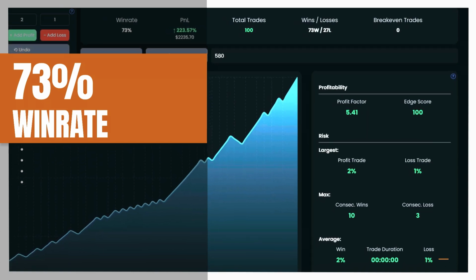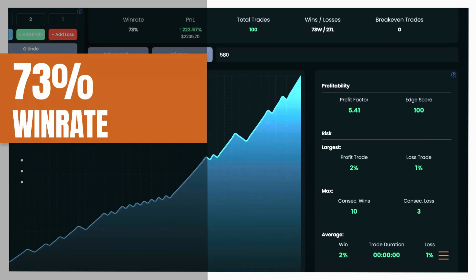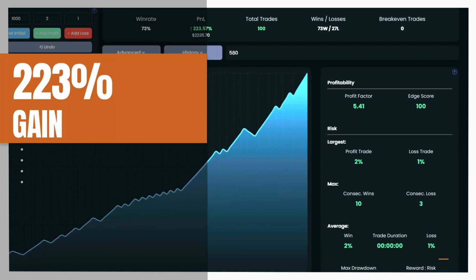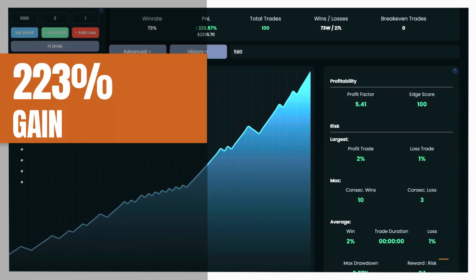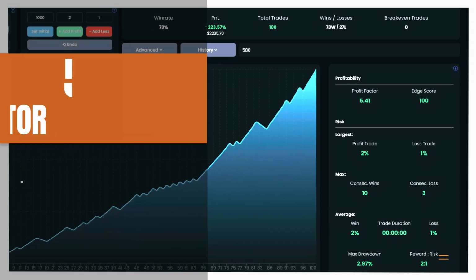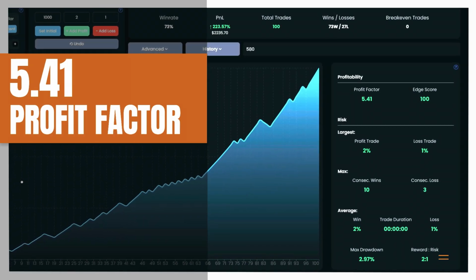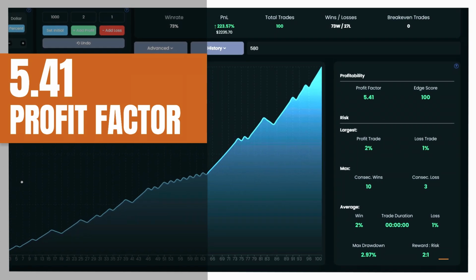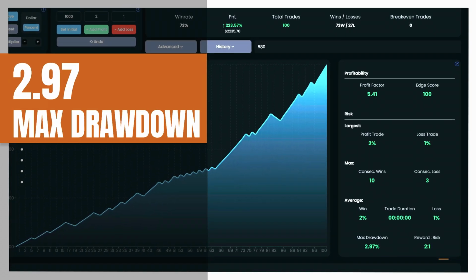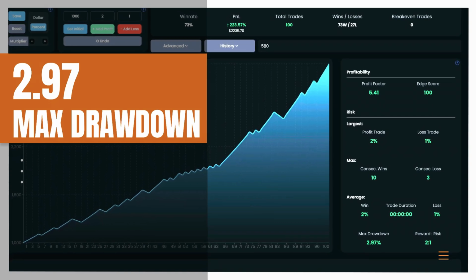A 73% win rate. That's really strong. And as for the results, it turned a profit of 223%. Imagine what that could do for a smaller trading account. The profit factor was over 5, meaning for every dollar you risk, it made over $5 back, and the biggest dip in the account was less than 3%. Pretty solid numbers for a simple approach.